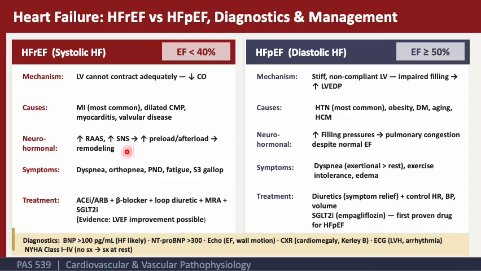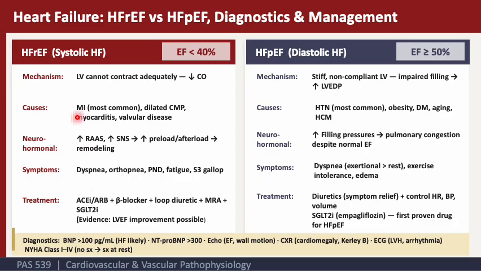It can increase your sympathetic nervous system, which in return will increase preload and afterload, but will cause remodeling, meaning that the left ventricle will start to remodel and likely develop hypertrophy.